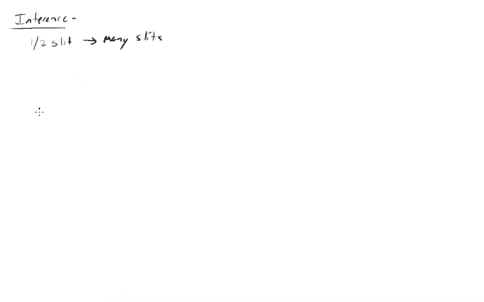If we remember, the single slit gave us a diffraction pattern that went like this, and we'll say it's kind of wide. And then we found out that the double slit interference made an interference pattern that went underneath that.